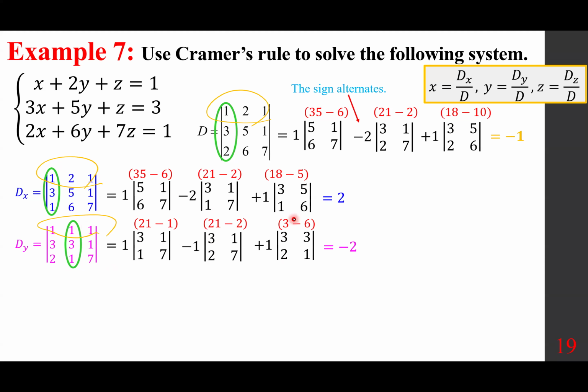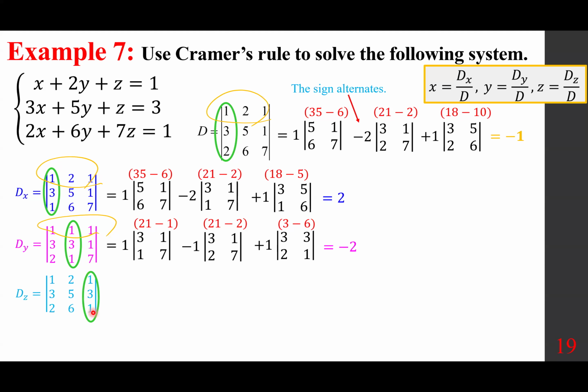Now the last one is D sub z. The last column will be changed, everybody. Again, expanded with respect to that.